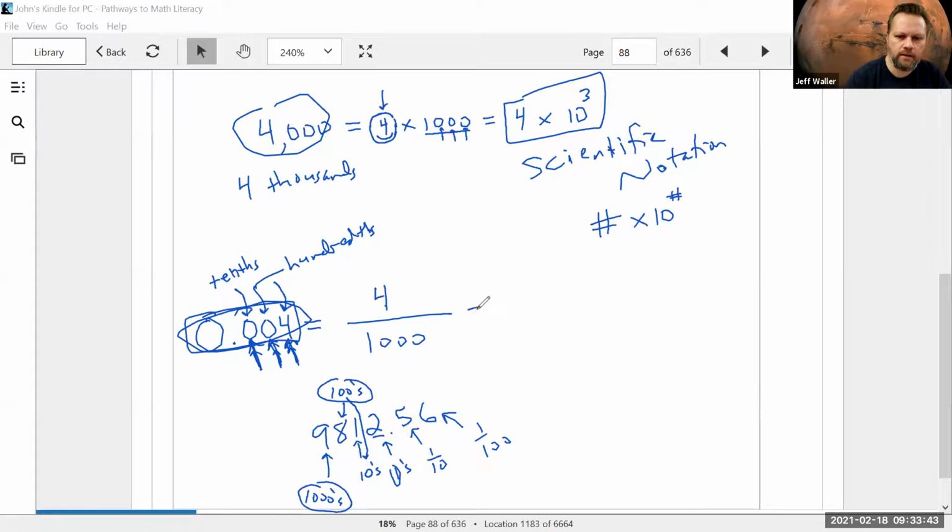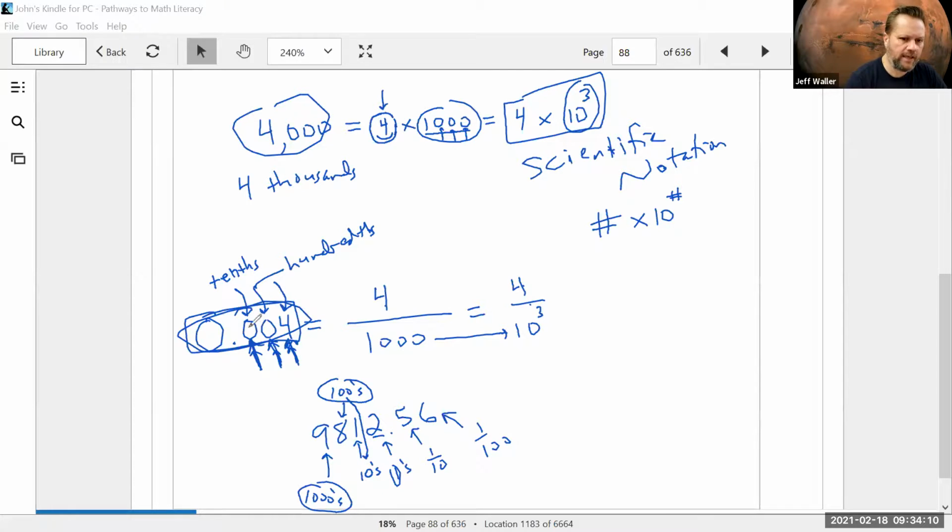All right, here's where things get interesting. Remember how I can rewrite 1,000 as 10 cubed? Are you guys with me? So anywhere I see 1,000, I can make it 10 cubed if I want to, because they mean the same thing. Is that cool? So that'll be 4 times 10 cubed? No, because it's not 4 times 3 tens. It's 4 divided by 3 tens.